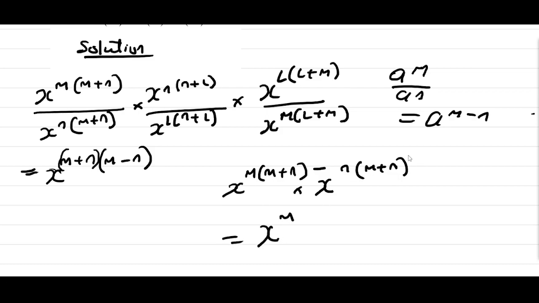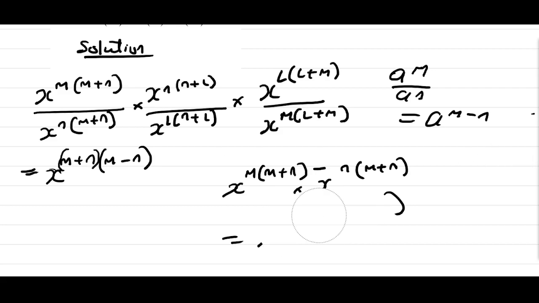When we are adding everything up, m plus n can be brought out. Then we will now have m for this part minus n. This is what I saw when I wrote this down.